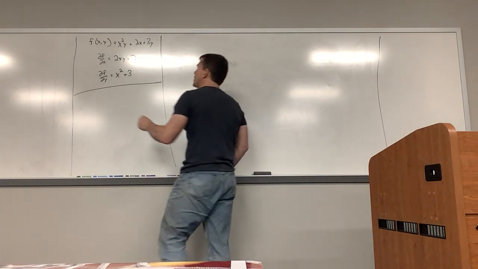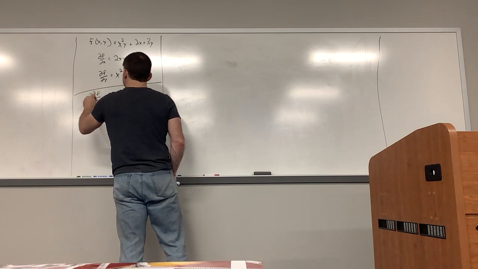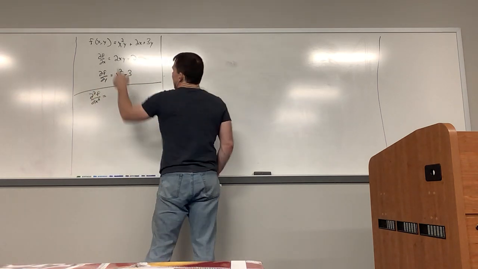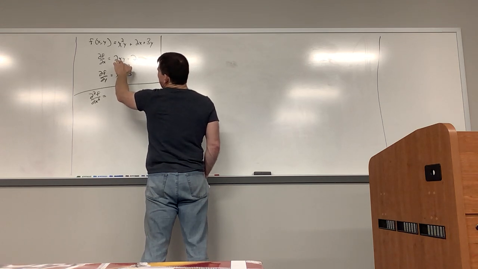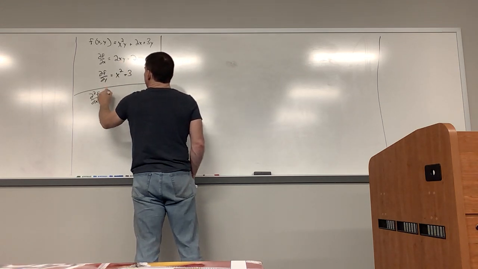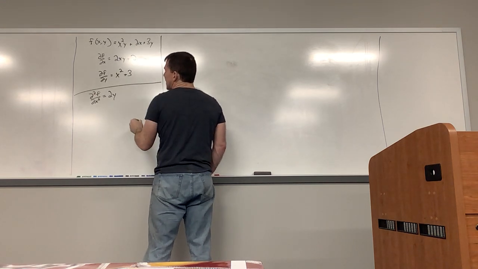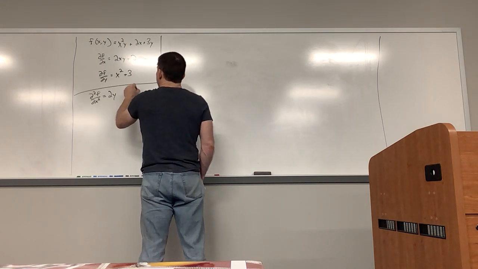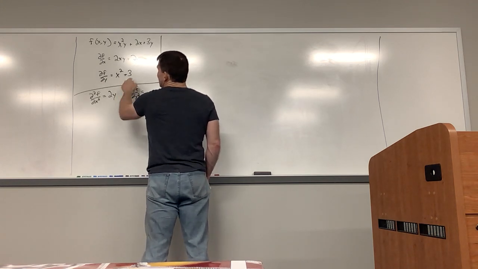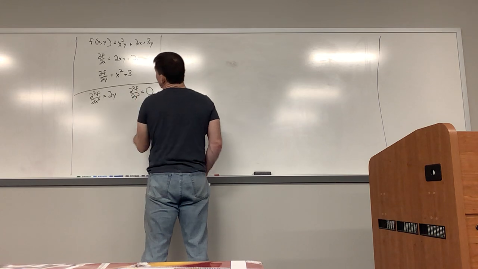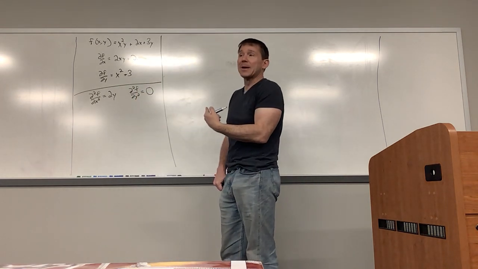Just to run through this really quickly, if I take my second partial of f with respect to x, that's the first partial with respect to x, take the partial with respect to x again. x is linear, so I get 2y, so that checks out. 2 is a constant, so it goes away. I can take my second partial of f with respect to y. There's actually no y's here, so that's 0. So that exists, it's 0, so we're good there.